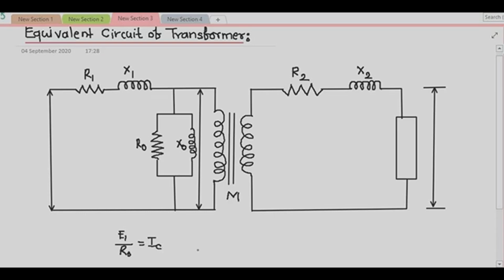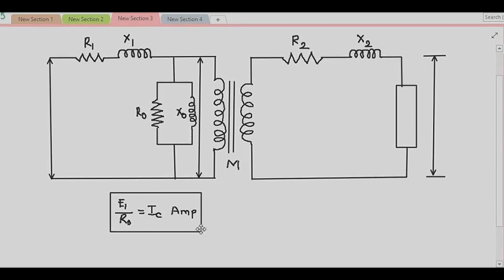What is IC? The core loss component of the transformer. Then, the second is E1 upon X0 equals I magnetizing. This is the reactive current, so E1 divided by X0.